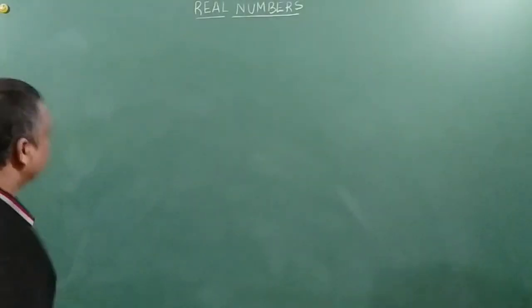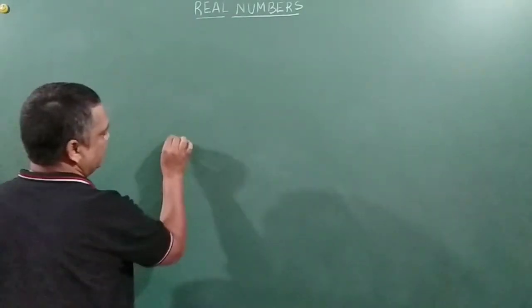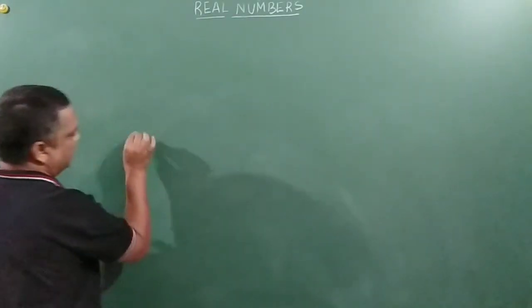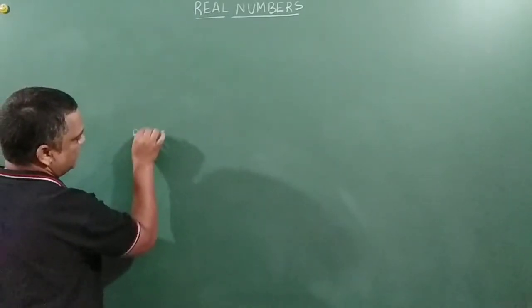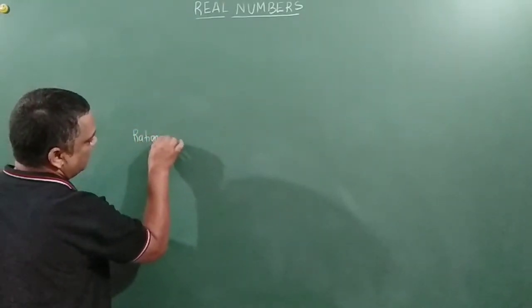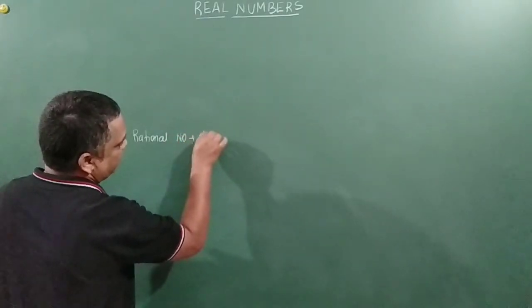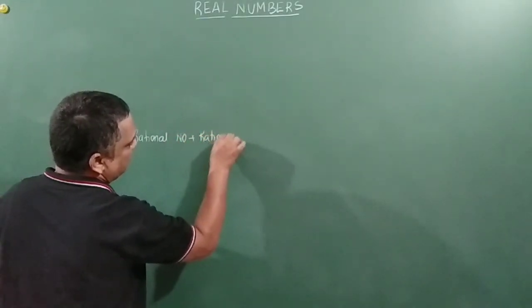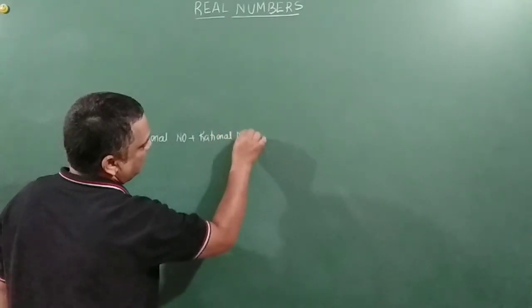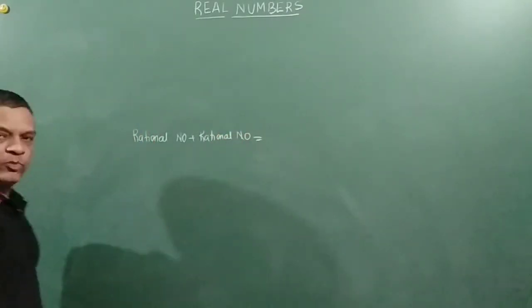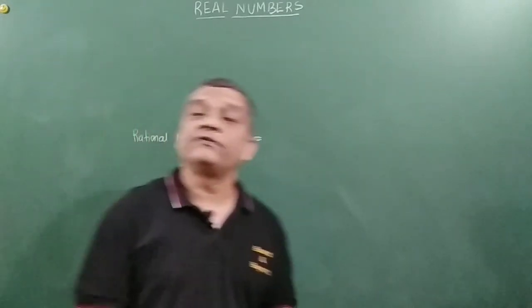Okay. So we will see a small thing, friends. You might have studied it earlier also. So let me just repeat it here. Rational number plus rational number is what kind of number?